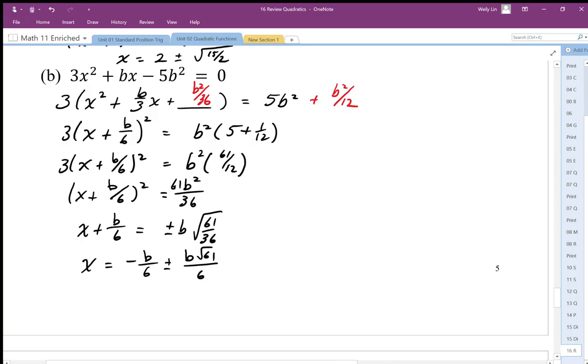So there's my solution. Now it looks complicated because I had to keep track of that extra b squared and the algebra of dealing with that, but that's the challenge. We know all the steps. We just need to make sure we're keeping track algebraically and understand how to manipulate variables algebraically as we're doing these things. This is a challenge of these types of problems.